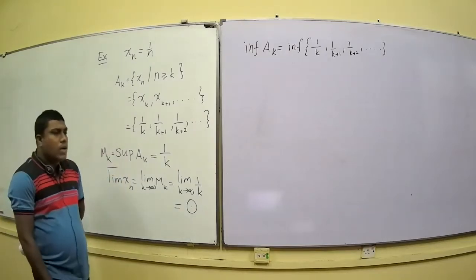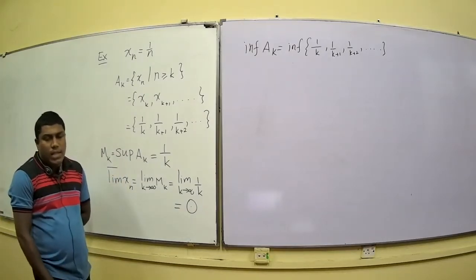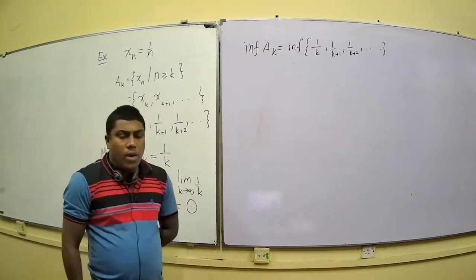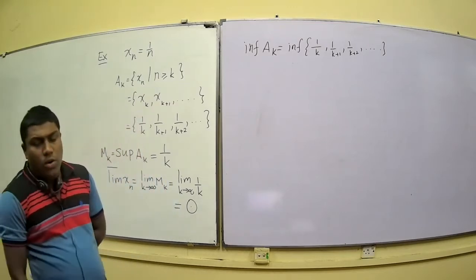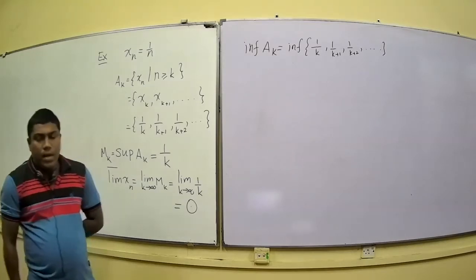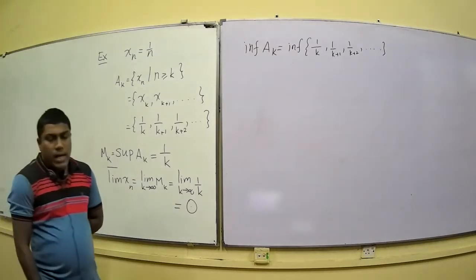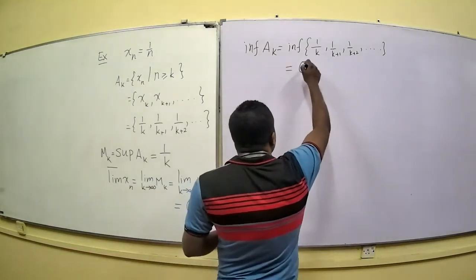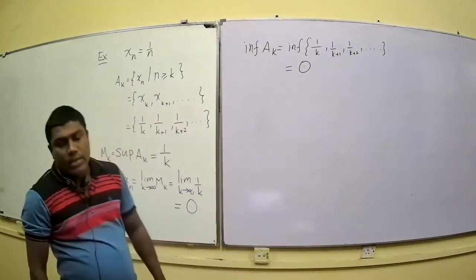So the numbers are decreasing in this set, and they are going all the way close to 0, not exactly 0, but close to 0. So by one of the earliest exercises, you can easily see that this one is 0.